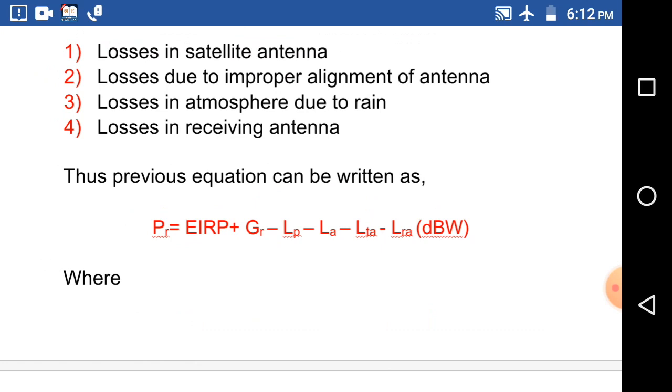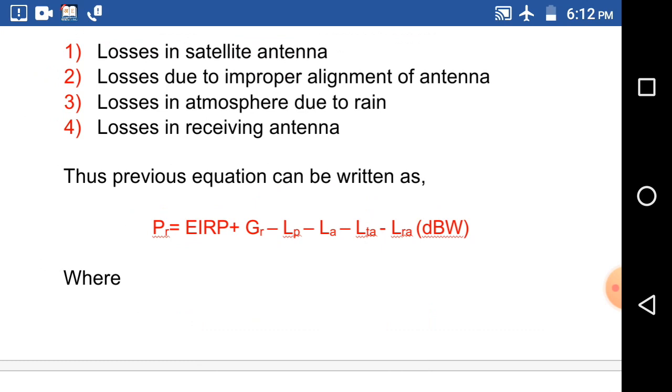If we consider three losses in the link equation, our modified equation is this equation in terms of dB. All of you know that on a logarithmic scale multiplication becomes addition and division becomes subtraction.